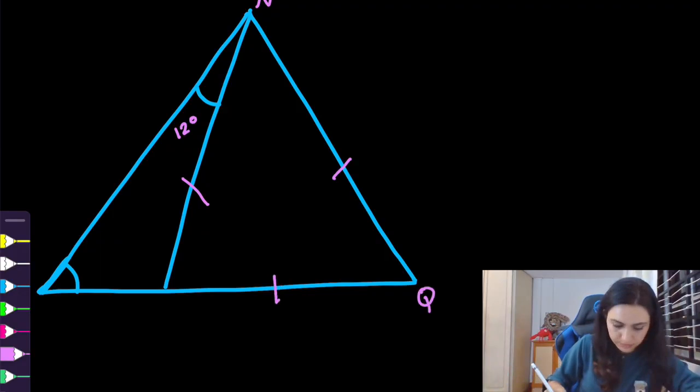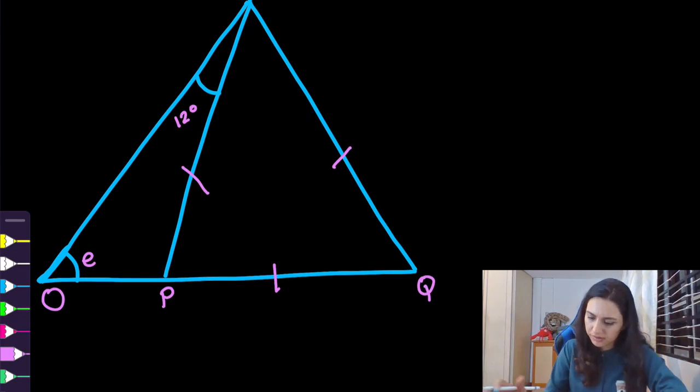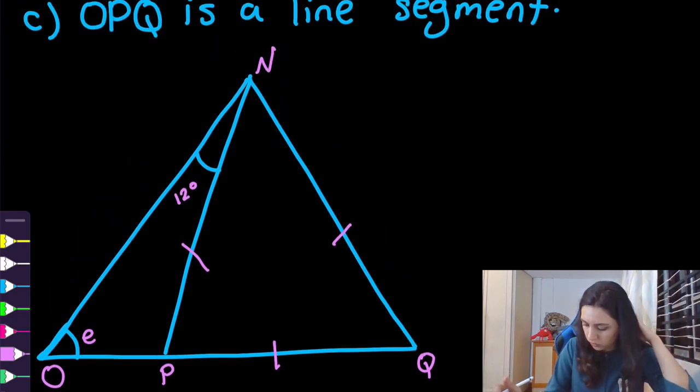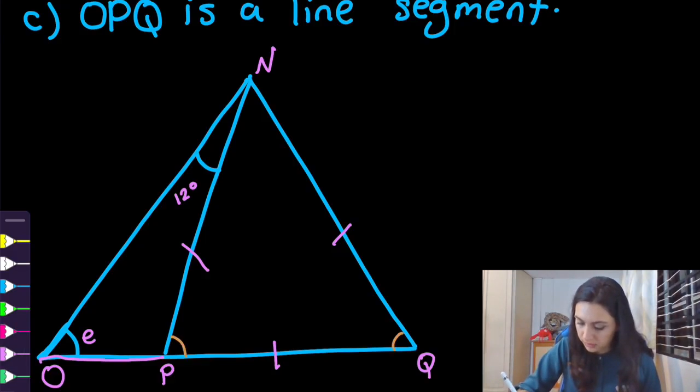Q, P, E, and this is O. So it says OPQ is a line segment, so from here to here. Okay, that's fine. And then these lines show that it's an equilateral triangle, which means the angles inside must be the same as well, which is equal to 60 degrees.